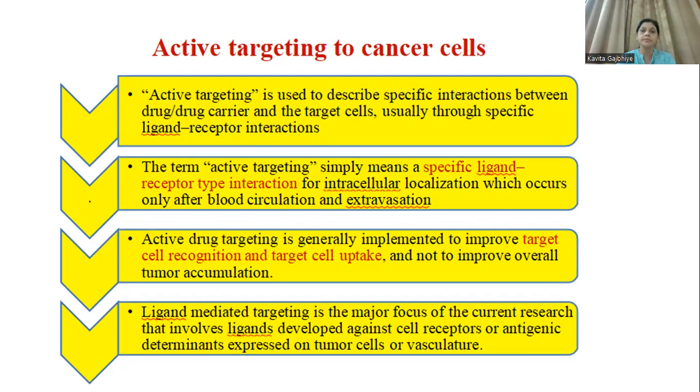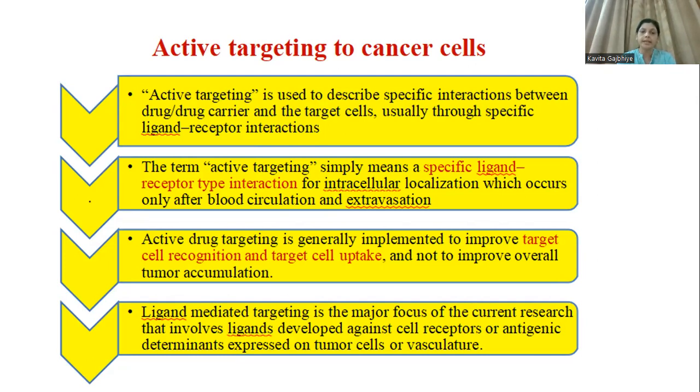Simply it means a specific ligand receptor type of interaction for intracellular localization, which occurs only after blood circulation and extravasation. So it improves the target cell recognition and target cell uptake, and also improves overall tumor accumulation.